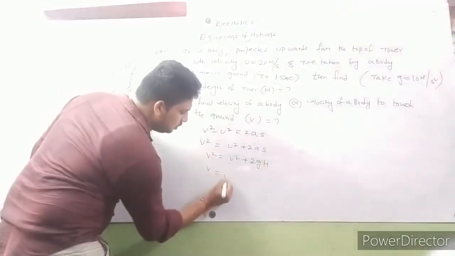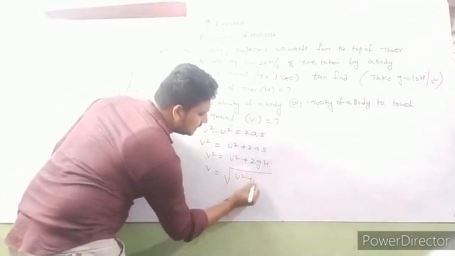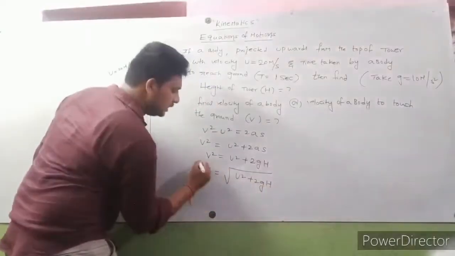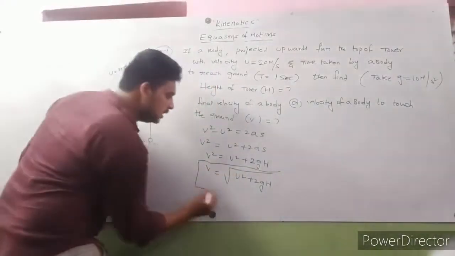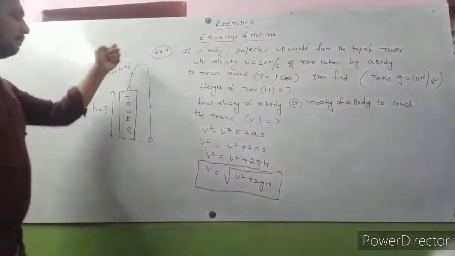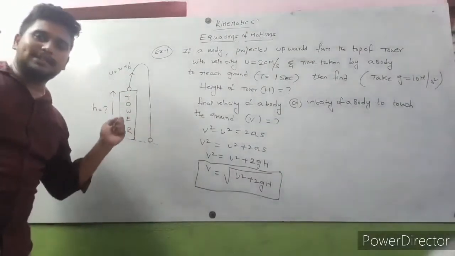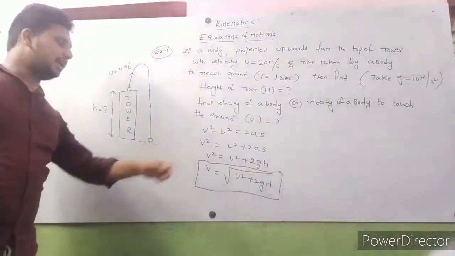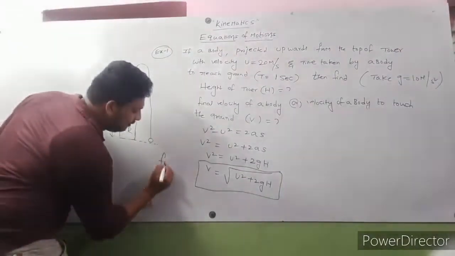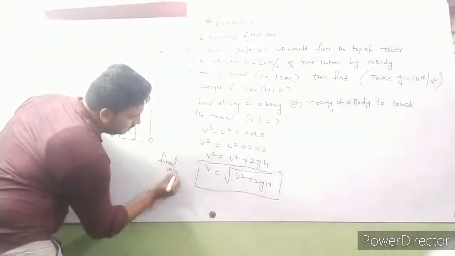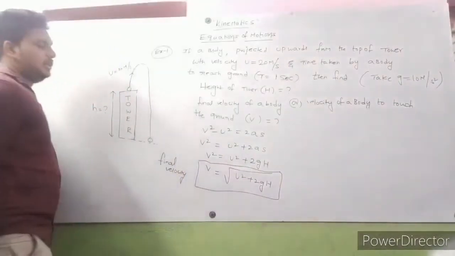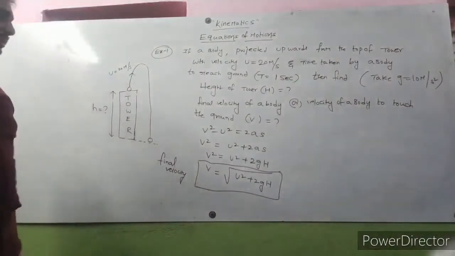So v is equal to square root of u square plus 2gh. Okay. So whenever a body is projected from the top of a tower, the final velocity formula is v is equal to square root of u square plus 2gh.